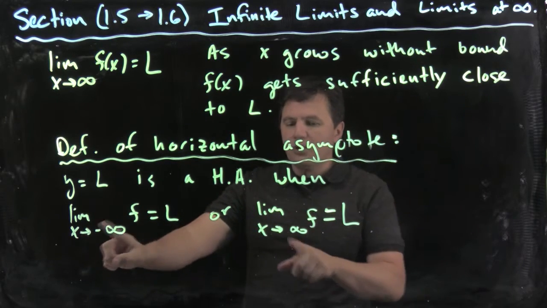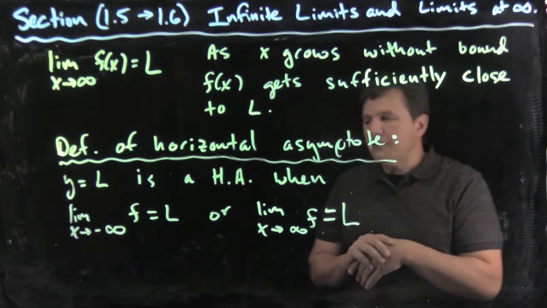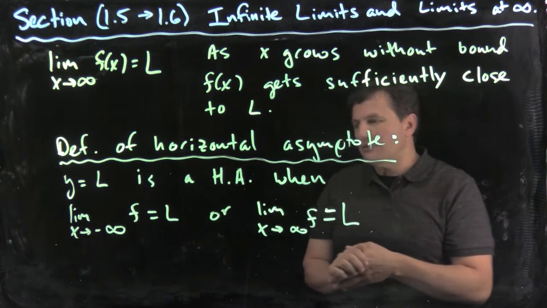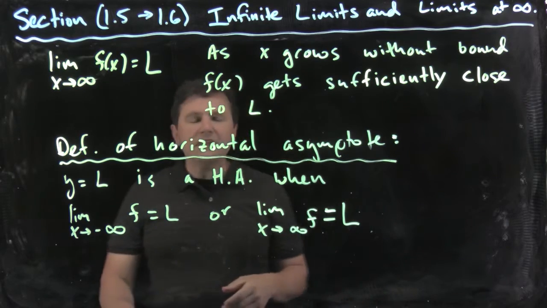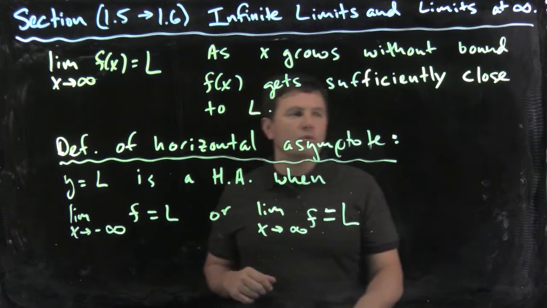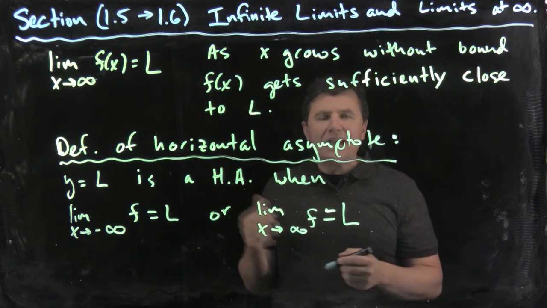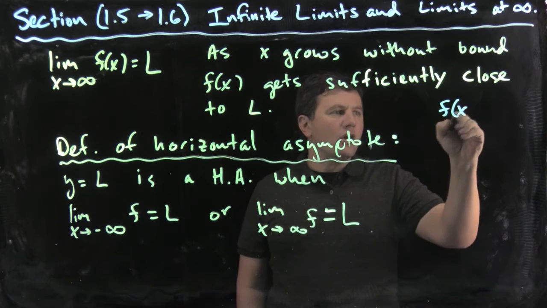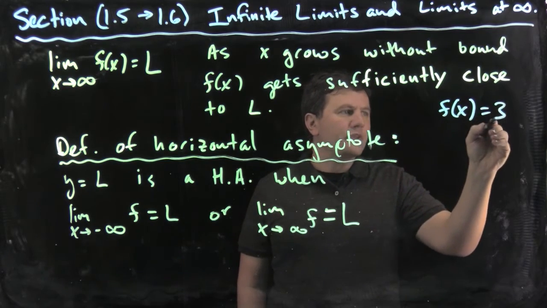As x approaches plus or minus infinity, if the output tends to a particular value, then we would say it has a horizontal asymptote at that value. Now what that means is anything where this is true is a horizontal asymptote, even in a case where it's trivial. This is not anything you would have been taught in the past, and it tends to cause people some confusion.